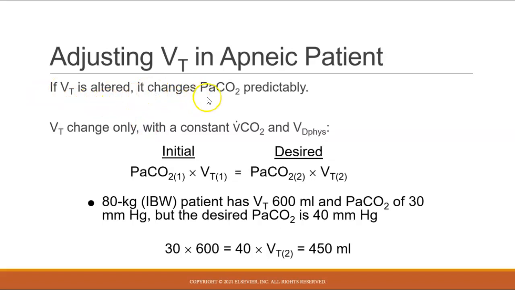So if tidal volume is changed, again, that PCO2 is also going to change predictively. You can use that same calculation. So if my initial PCO2 is 30 and I had a tidal volume of 600 there, my desired PCO2 is 40. I know that I need to reduce my tidal volume by 450 to achieve that.